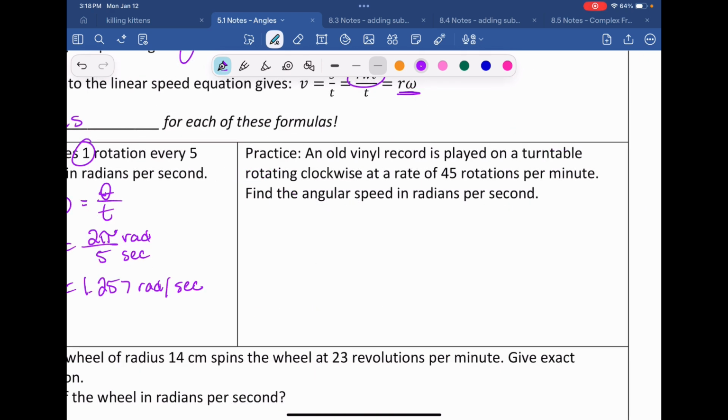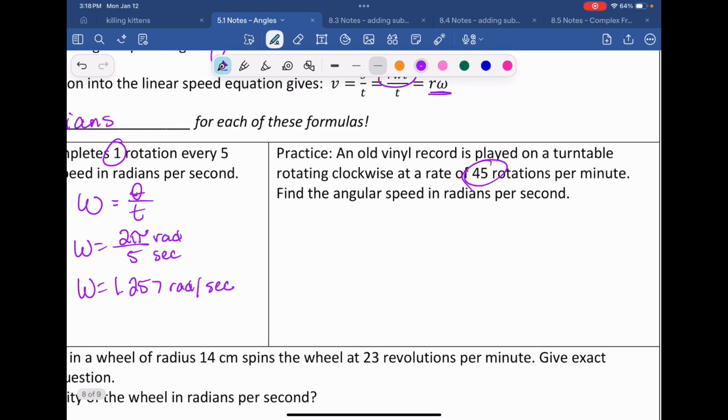An old vinyl record played on a turntable rotating clockwise at a rate of 45 rotations per minute. Find the angular speed per second. All right, so omega equals theta divided by time. So our theta, it's 45 rotations. One rotation is 2 pi, so 45 rotations must be 45 times 2 pi, which is 90 pi. And I want it per second. Well, our rotations are per minute, so my time is 60 seconds.